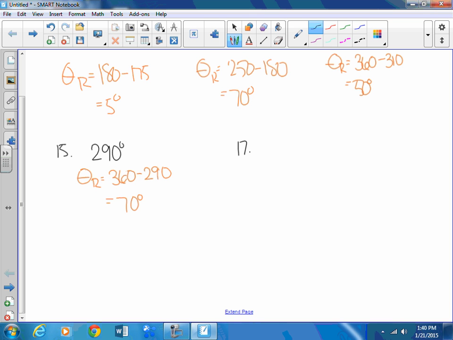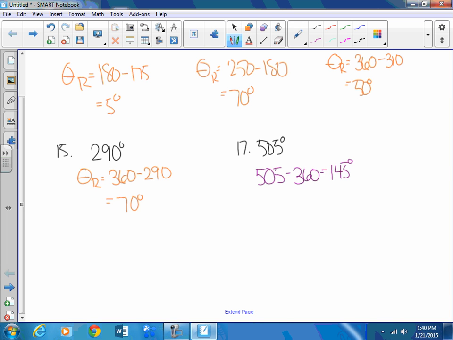And for 17, this one had a little extra work because they gave me 505 degrees. Remember, 505 is too big. We always want our things between 0 and 360. So first off, I need to do the base step of getting this so it's between 0 and 360. If we do 505 minus 360, we get 145.